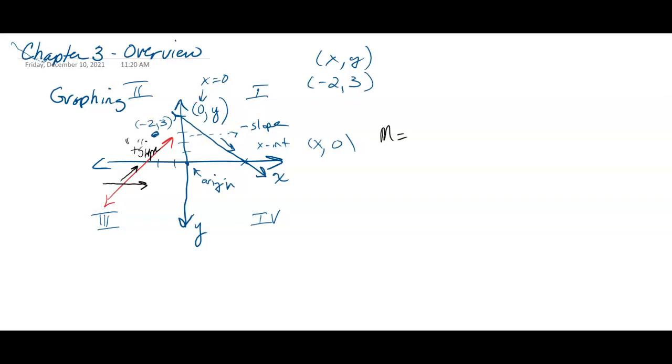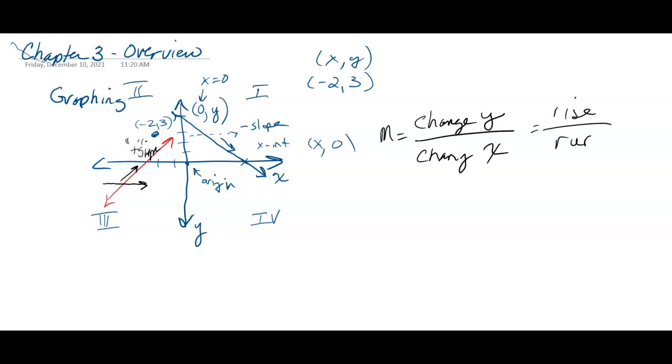And that, of course, is slope, considered in words as the change in the y value divided by the change in the x value. This is also known as rise over run. In more mathematical terms, we use delta, little triangle, delta y over delta x.